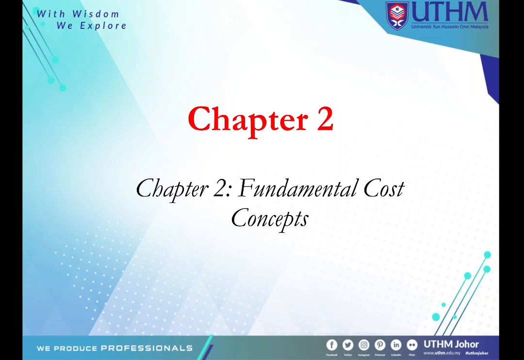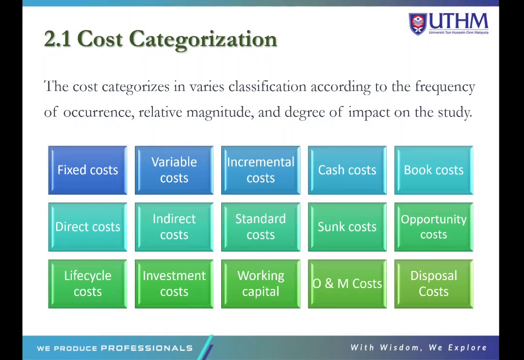So in this chapter we will describe several cost concepts for classifying and understanding the several types of cost terminology. There are many classifications according to the frequency of occurrence, relative magnitudes, and degree of impact on the study.